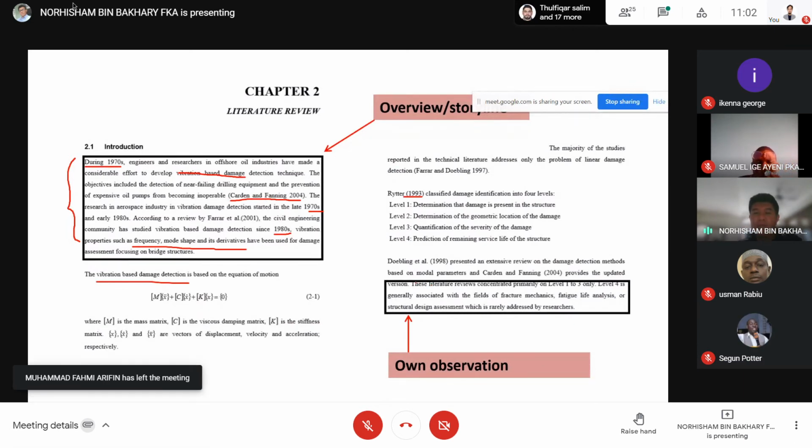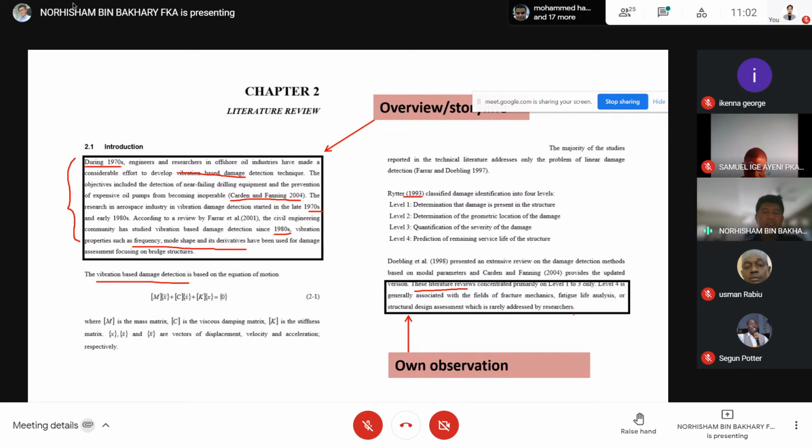In my chapter 2, my literature review, my paper concentrated primarily on level 1 to level 3 only. Level 4 is generally associated with the field of fracture mechanics, fatigue life analysis, or structural design, which is rarely addressed by researchers. So I can conclude that most of the literature, including my paper and my thesis, falls within level 1 to level 3 only.